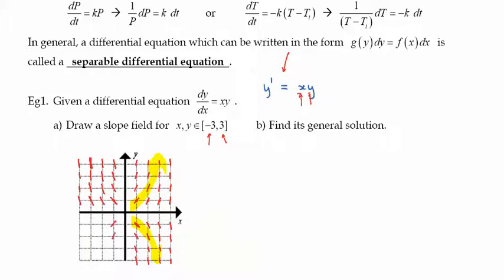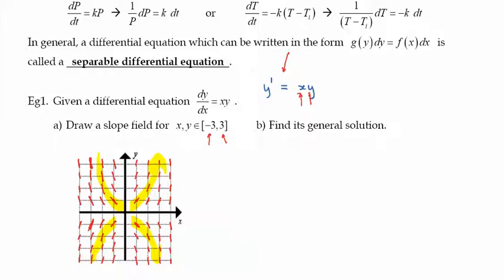So here these are the steeper slopes. We're going to see lines going this way and going that way. So this is what we call the slope field for this differential equation.